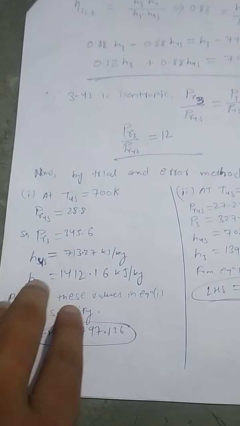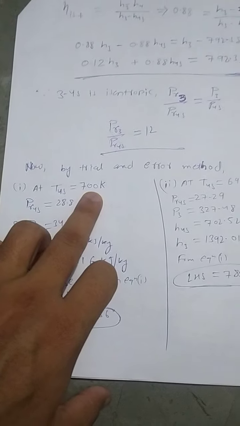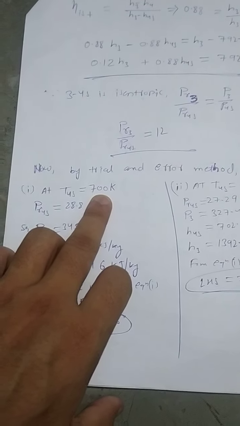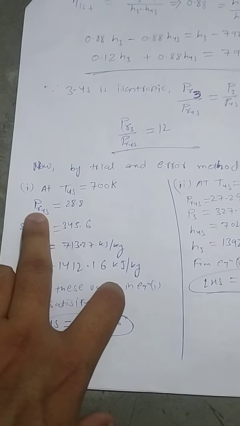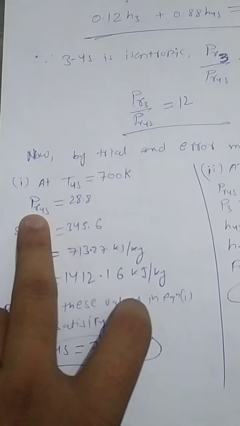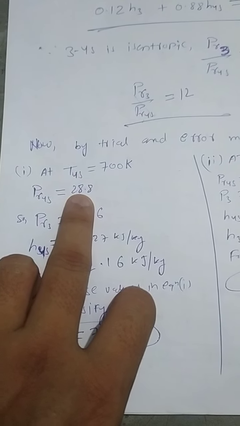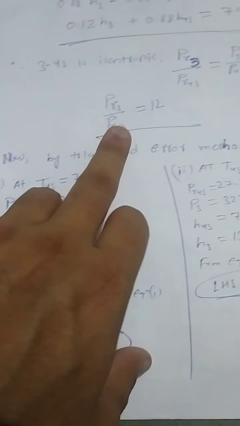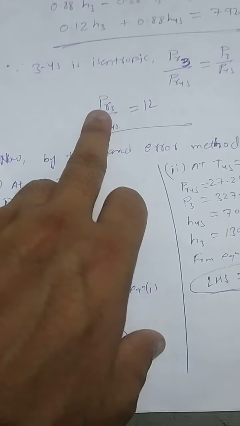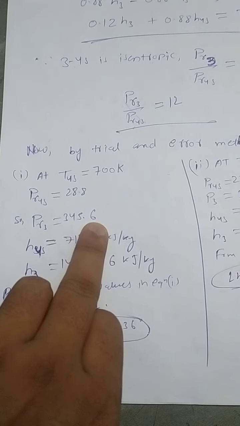So let's assume that T4s is 700 K. Accordingly, from the table we can see the relative pressure would be 28.8. Now from this equation, the relative pressure at 3 would be 345.6.